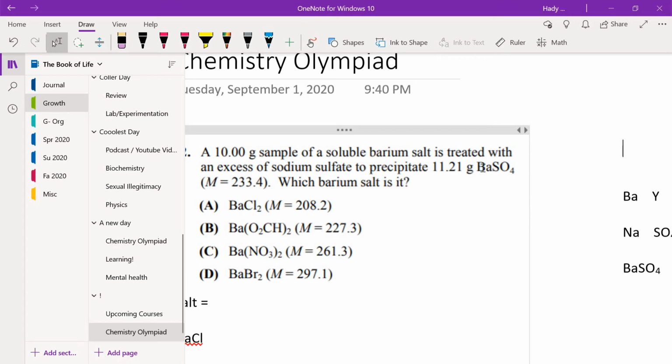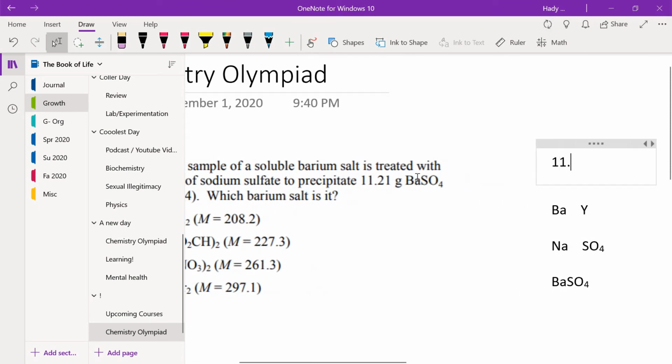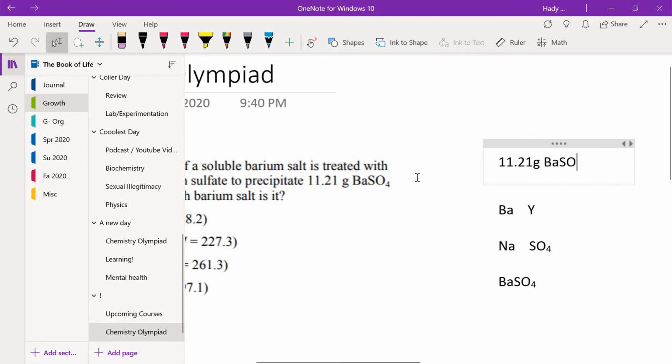I'll do it two different ways. One way that I was just thinking, which should get you the same answer, and another way that's more logical, I guess. This is going to be stoichiometry. So we have 11.21 grams of barium sulfate.